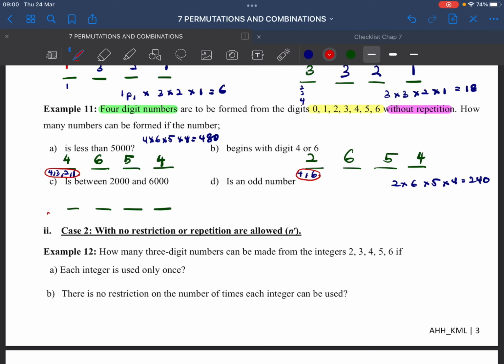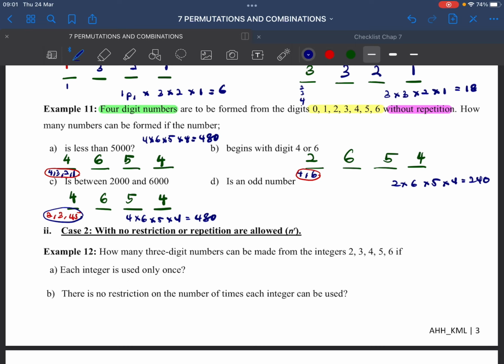Nombor yang di depan boleh jadi 2, 3, 4, 5 sahaja. Which is berapa ways dekat situ? Berapa numbers? 4. So kita bubuh 4. So kamu ada 7 digit, kamu letak 1 dekat depan, dekat sini akan tinggal 6, 5, 4. So the answer is going to be 4 times 6 times 5 times 4, and that's going to be 480.